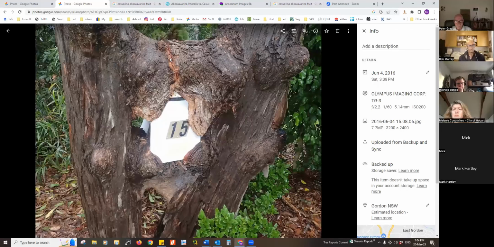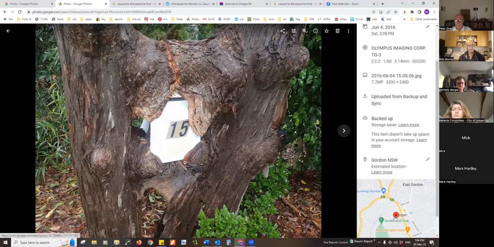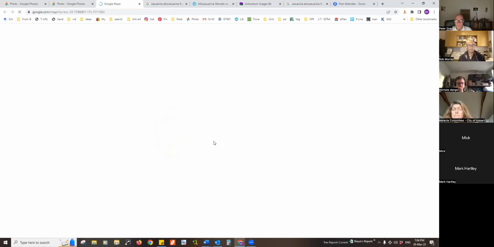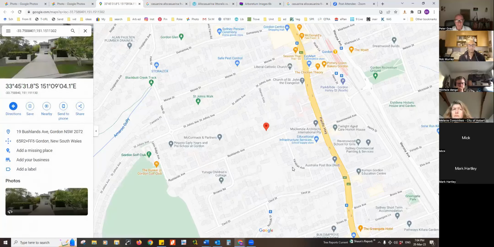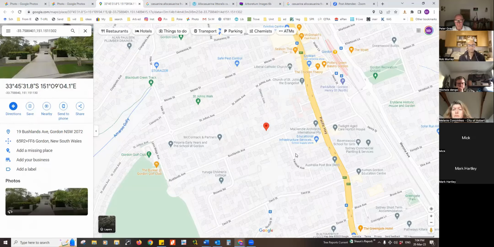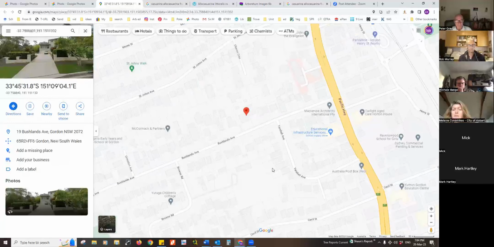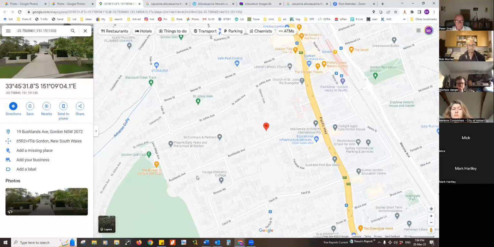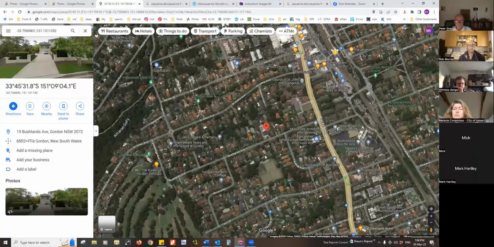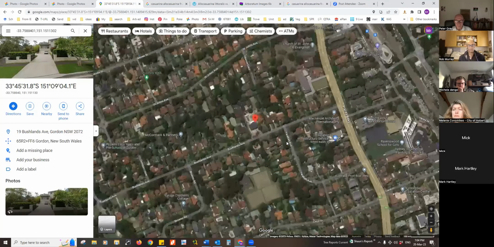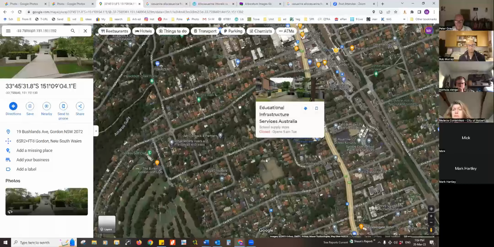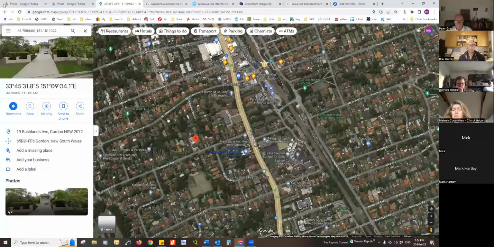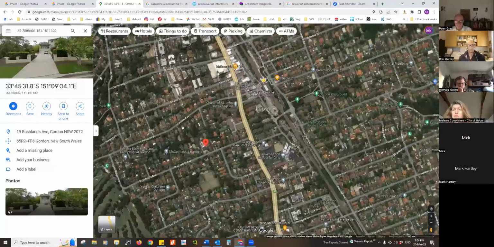And so you end up with, let's go back, we can do this. Go and have a look at the location. Not where I thought it was. No, that is incorrect location on that image.